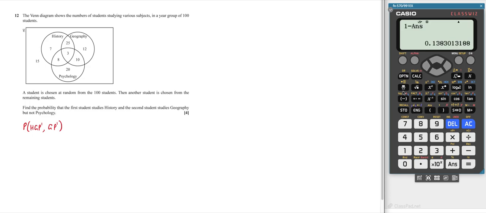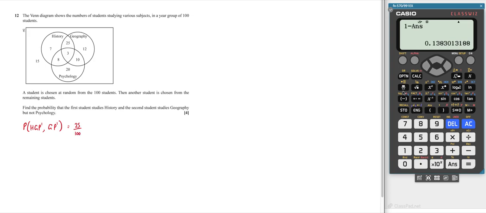So if I have a person that is history, geography, and not psychology, that is 25 over 100.